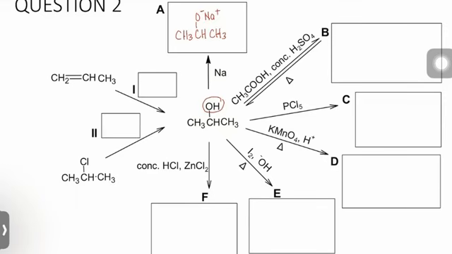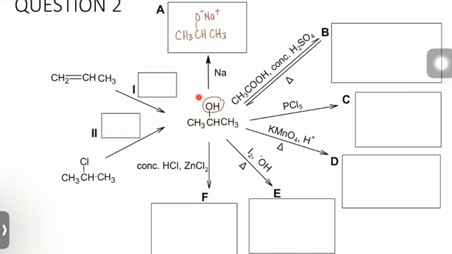Now for structure B, as you can see, the arrow given here is a reversible reaction, and the reagent for the reaction is CH3COOH, which is a carboxylic acid, specifically ethanoic acid, in the presence of concentrated H2SO4, sulfuric acid, and heated.